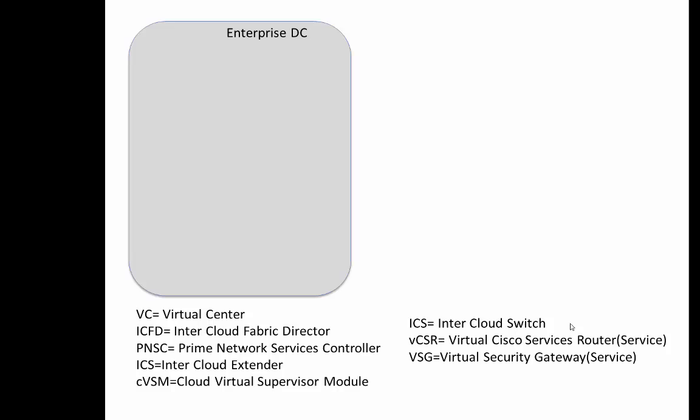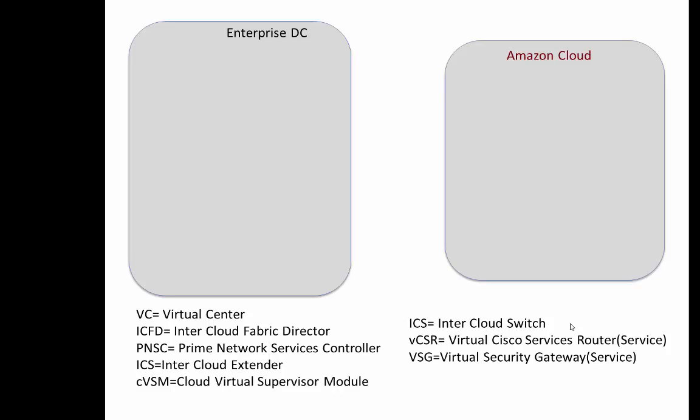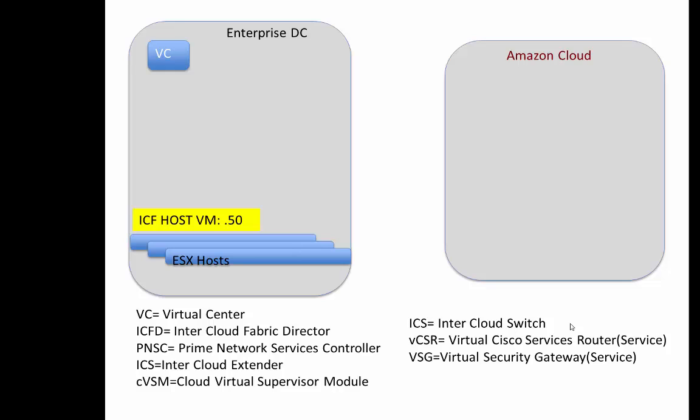For those who have seen this diagram before, just to bring them in sync: your enterprise data center is on the left side and Amazon on the right side. You have a vCenter on top of the VC. You deploy this VM host, and it deploys ICFD and PNSC, and then during the installation of the infrastructure, it deploys CVSM, which is Nexus 1000V.